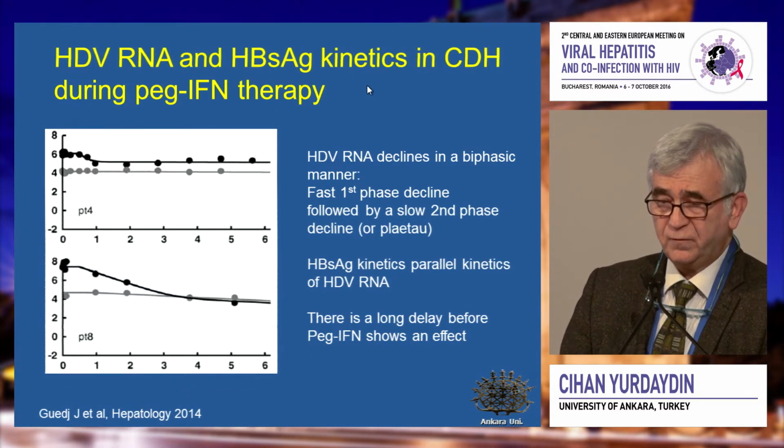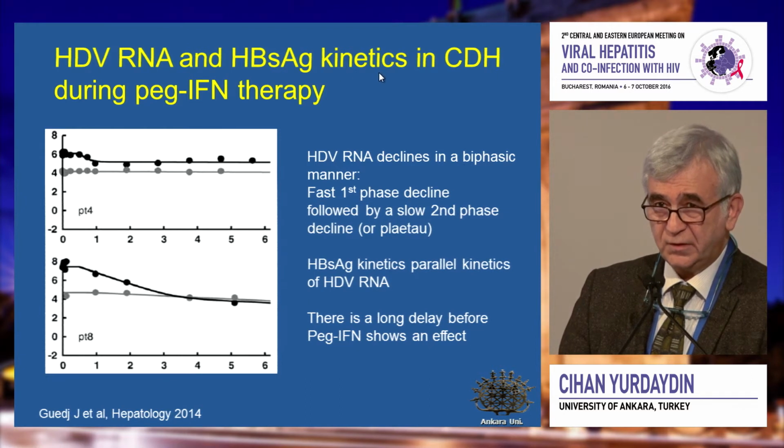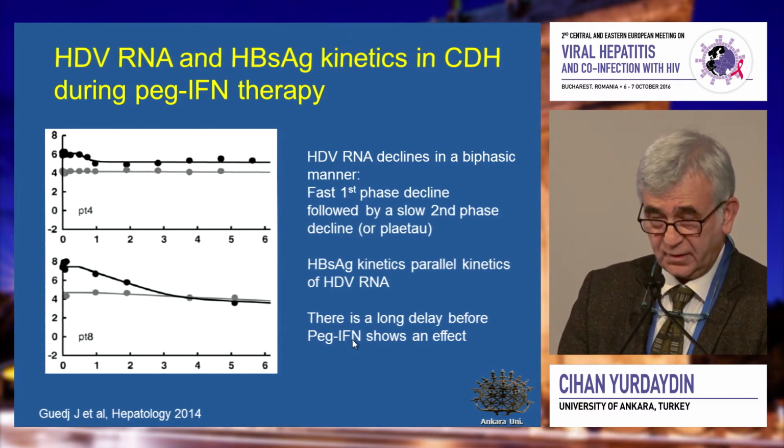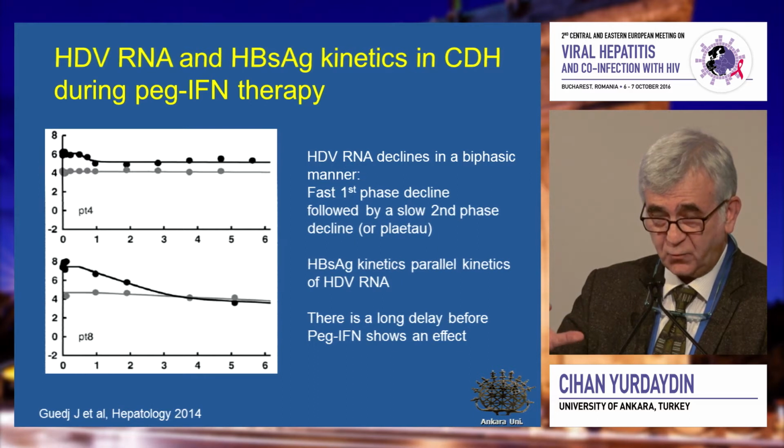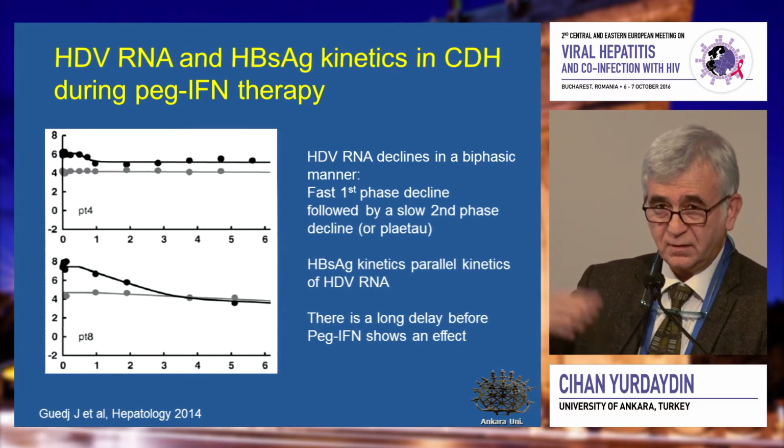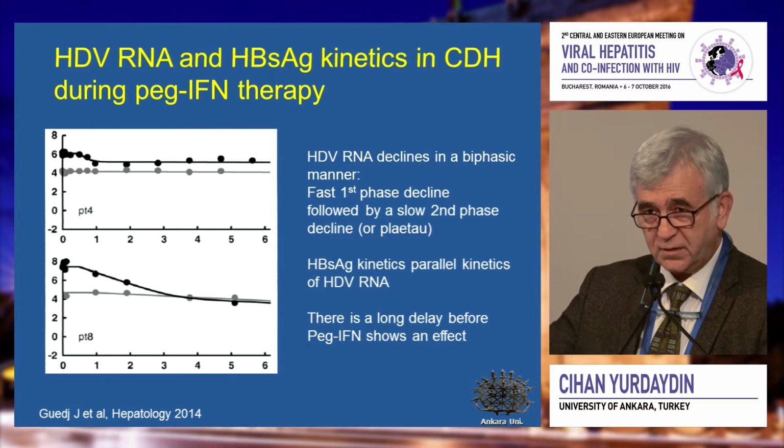And in terms of interferon treatment, there's one other thing I want to say. In kinetic studies, it has been shown that there is a long delay before PEG interferon shows an effect. It's like hours in Hep B and Hep C versus days in delta hepatitis, 8 hours versus 8 days or so.